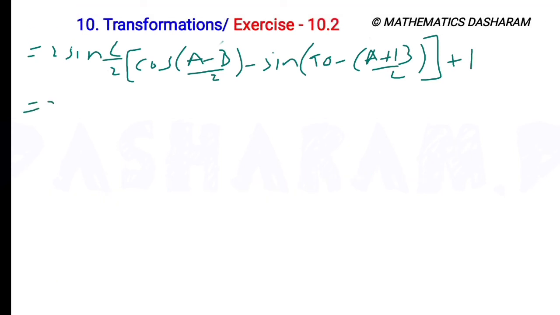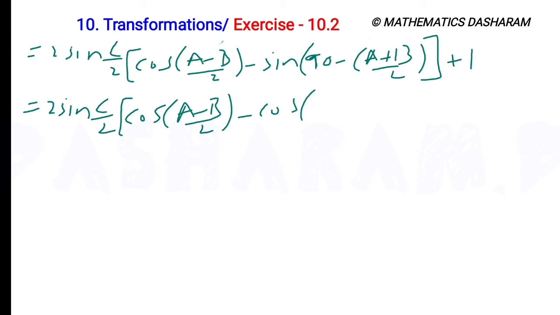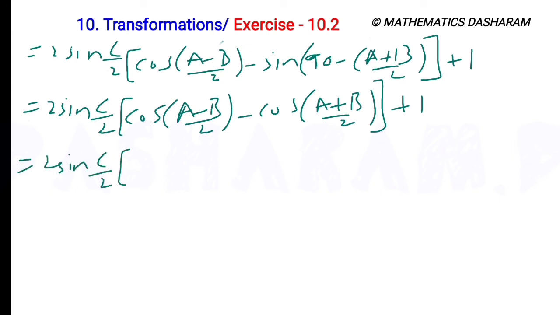So it is equal to 2 sin C/2 into cos (A minus B)/2, and sin (90 minus theta) is cos theta, so then cos (A plus B)/2 plus 1. So 2 sin C/2 into cos C minus cos D formula, that is minus 2 sin (C plus D)/2 into sin (C minus D)/2.